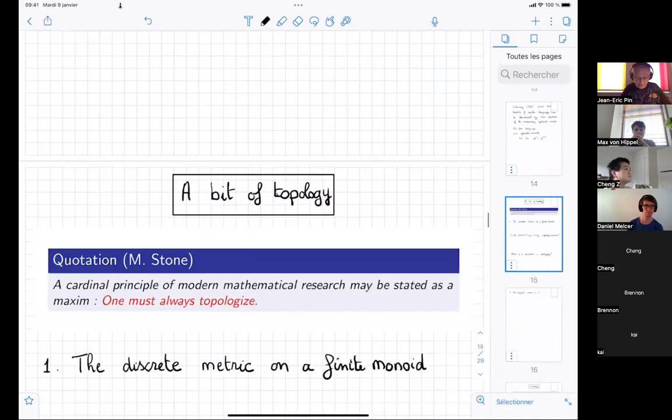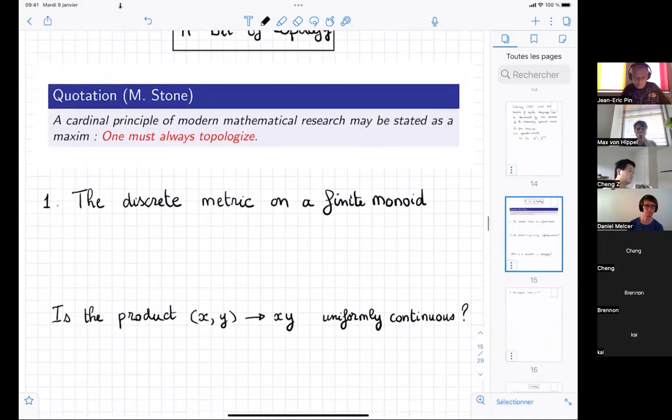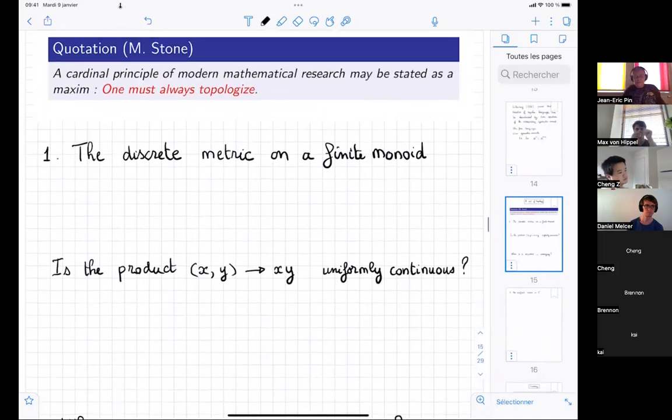And for this, we need some topology. So let me start by defining a topology on a finite monoid. You have the discrete topology, which is defined this way.